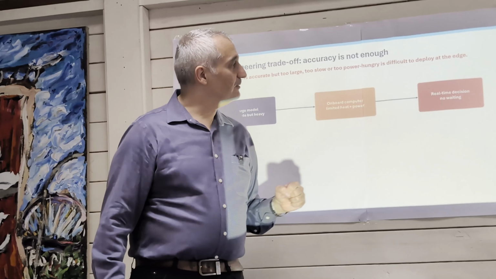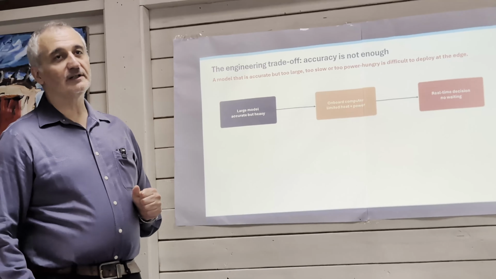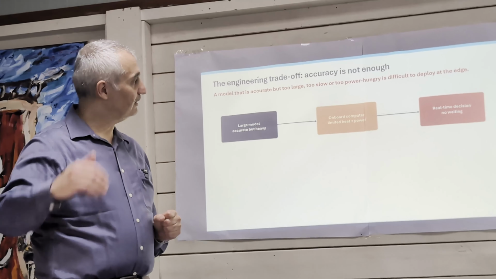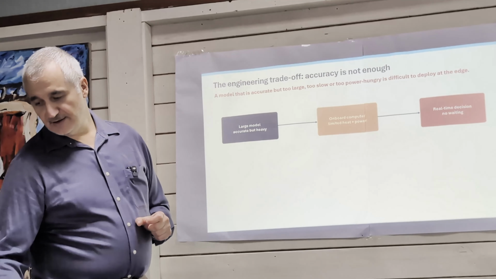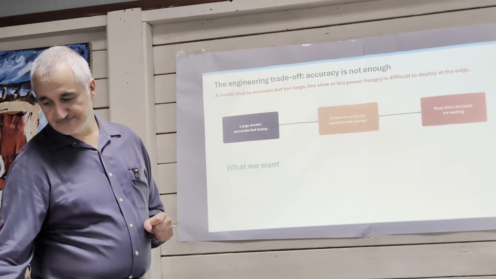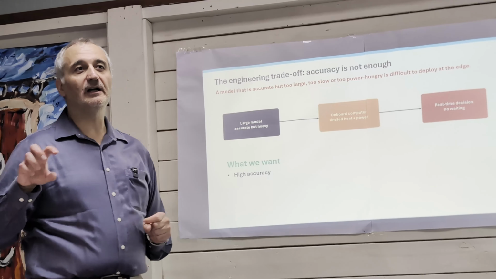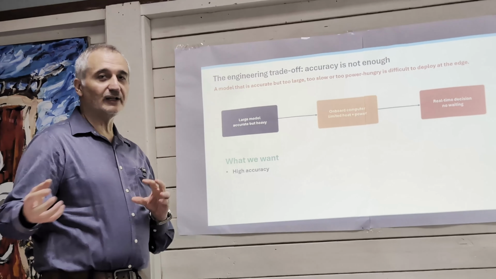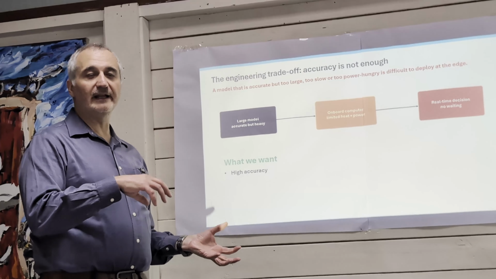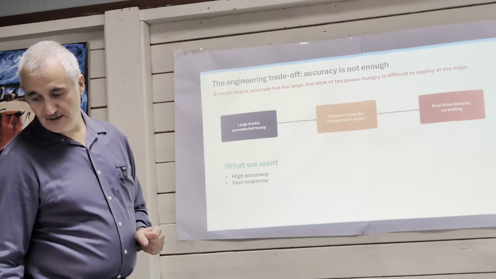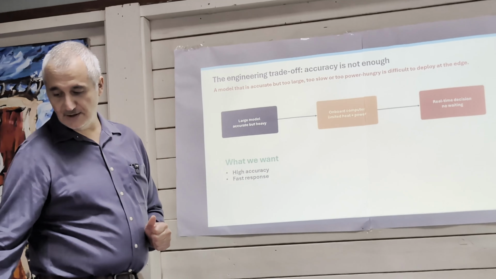So what we need to have is real-time decision, no waiting, which is that under that 100 millisecond. So what we really want is high accuracy, because we don't want to have false alarms, either negative or positive. We want fast response below that threshold.